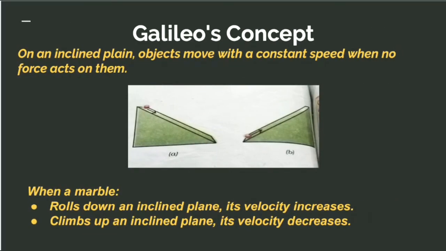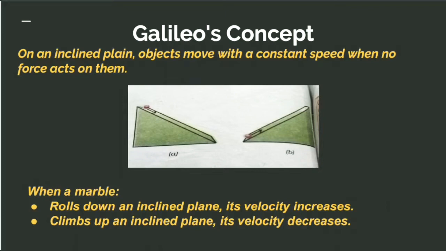According to Galileo, objects move on an inclined plane with a constant speed when no force acts on them. As seen in picture A, the velocity of the marble that rolls down an inclined plane increases, whereas the velocity of the same marble when it climbs up an inclined plane, as seen in picture B, decreases.